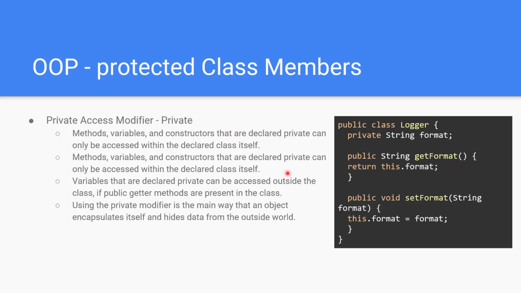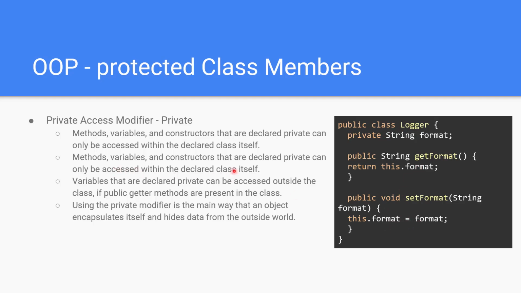And private. We talked a little bit when we did encapsulation about private visibility. So methods, variables, and constructors that are declared as private can only be accessed within the class itself. So string format here can only be accessed by the members of class logger. So we can see here there's access here for set and get.